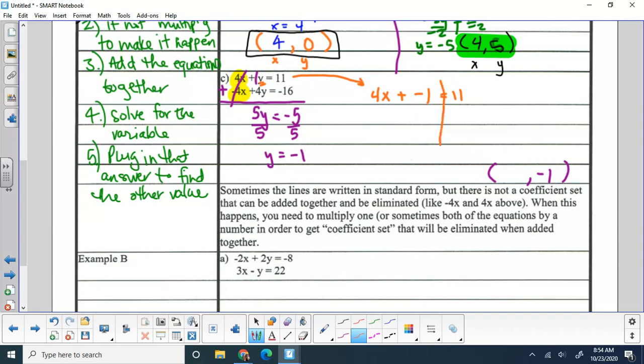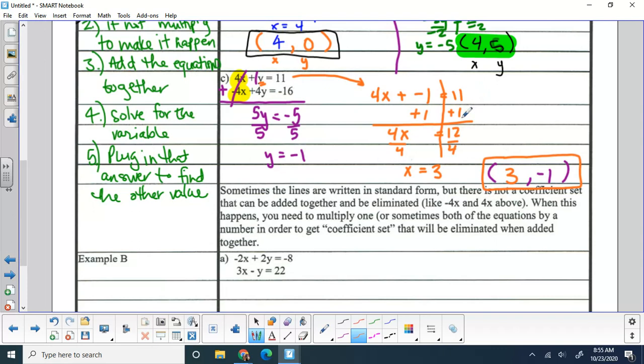Now I'm going to solve this just like I would do any other solving. I'm going to add 1 to both sides. I get 4x equals 12. And divide both sides by 4, and I get x equals 3. There you have it, final answer, 3 comma negative 1.